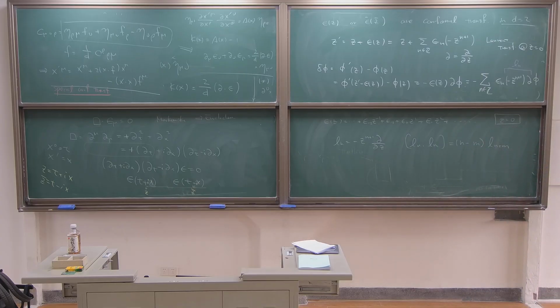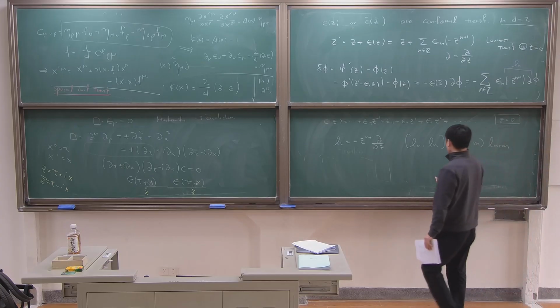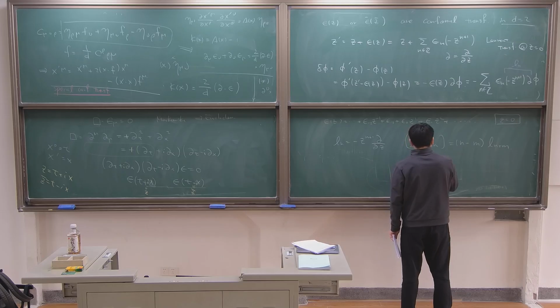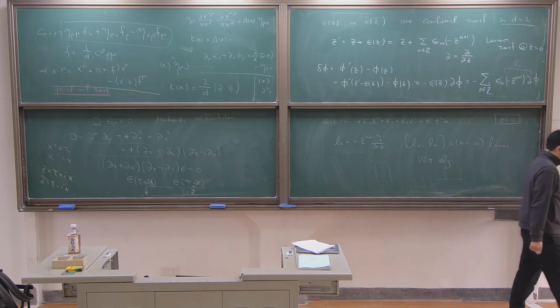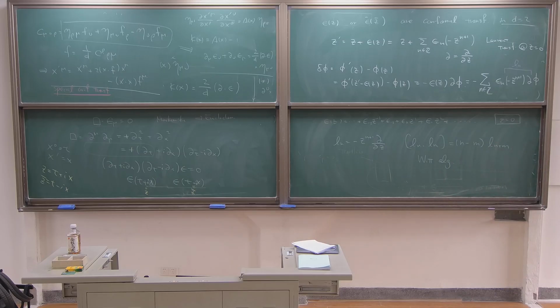So this is just a direct consequence of the commutation relation. And this is the Witt algebra. So naive analysis of the conformal transformation in 2D is already infinite dimensional, and it satisfies this algebra.